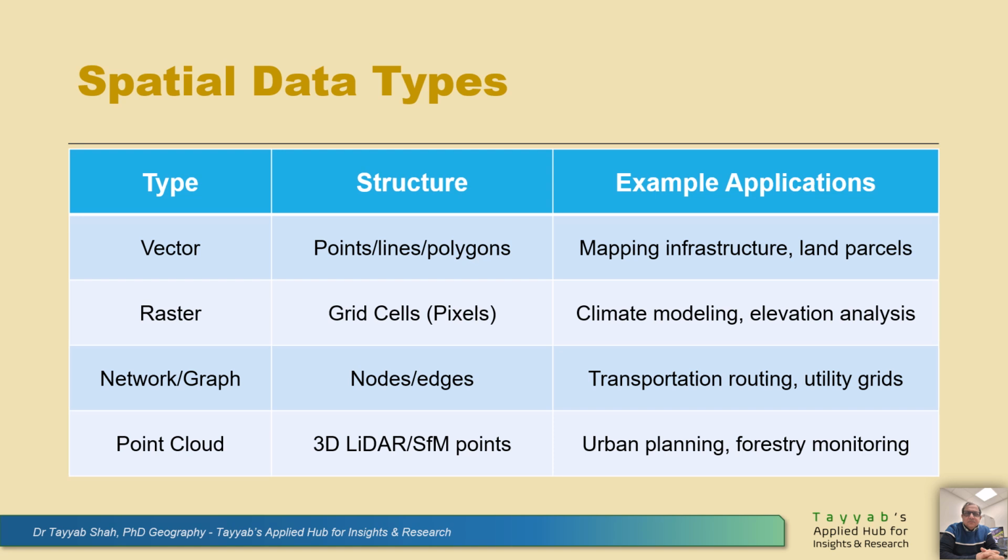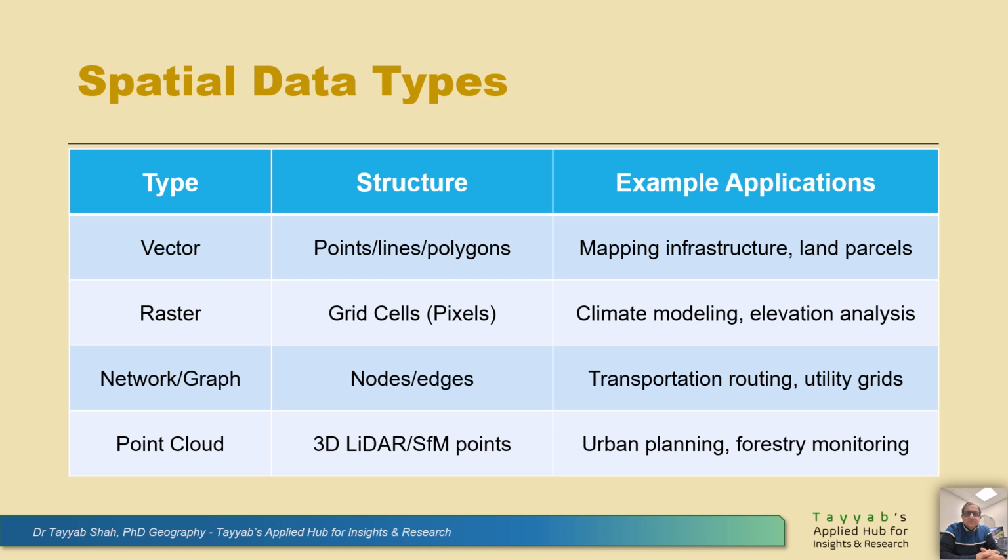Rasters are pixels, and their use is slightly different from vector data sets. Another type is the network, or graph, which is a combination of nodes and edges, normally used for network building and topology, like transportation routing, utility grids, power distribution, power losses, and pipe leakages.